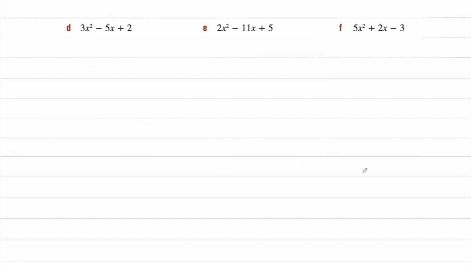Move to question F. From the first number and the last number, you got minus 15, and this becomes 5 and minus 3, because for this option, their sum will be 2. So you have 5x squared plus, oh, is that right? Yeah, I think so.